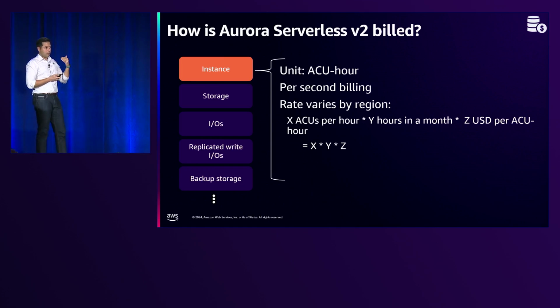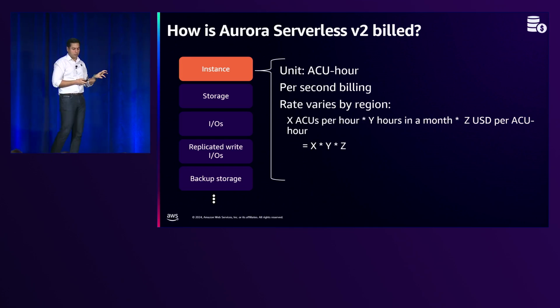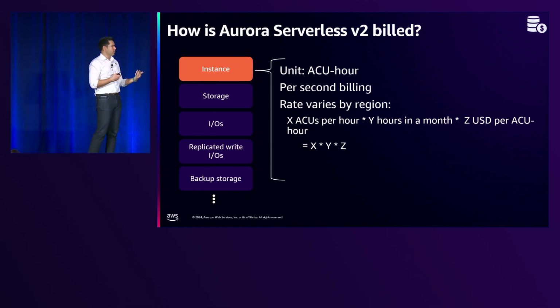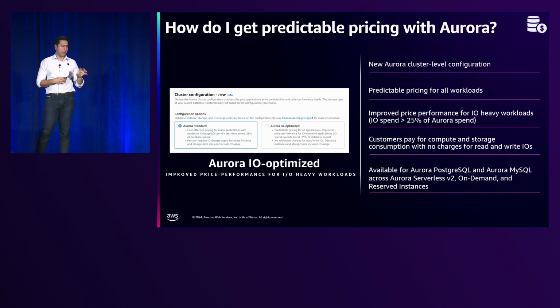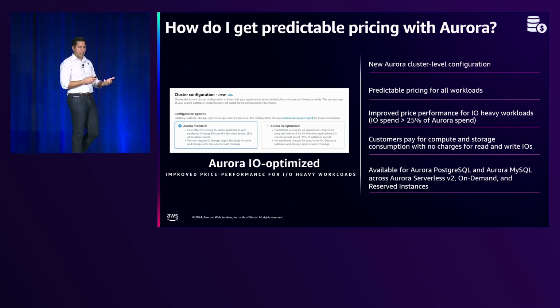So on the compute side, you get a lot of savings by this infrequent consumption of ACUs, but what about storage and IOs? So IOs might be consumed if you have an IO-heavy workload. This could mean you might be doing a lot of reads, a lot of writes, which is pretty common based on the application pattern you might have.